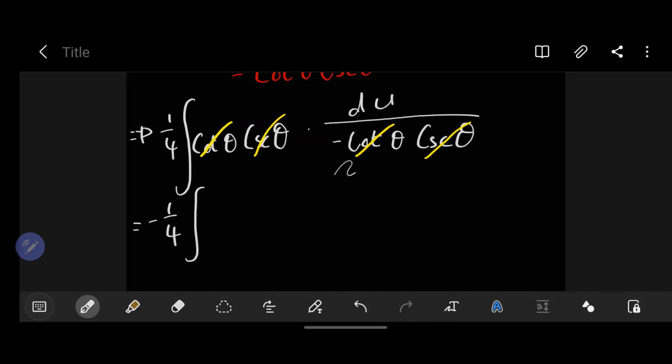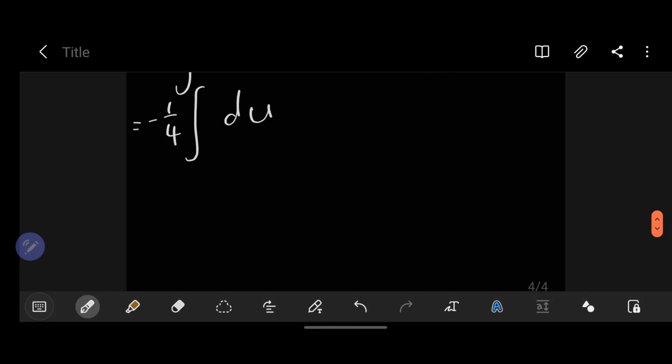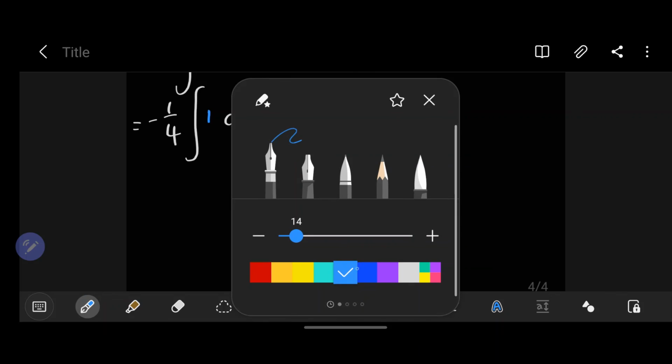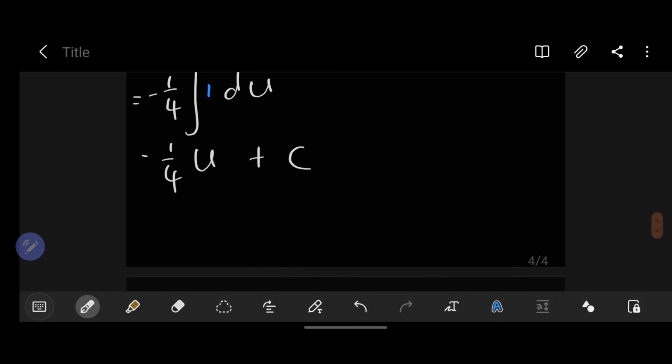But if it could not cancel out, then I'd just substitute my u there and then determine my derivatives. So I'm left with du. So from there, I just take the antiderivative of, basically, there's a 1. You see? So I take the antiderivative of 1, which is just u. Negative 1 over 4 u plus c.